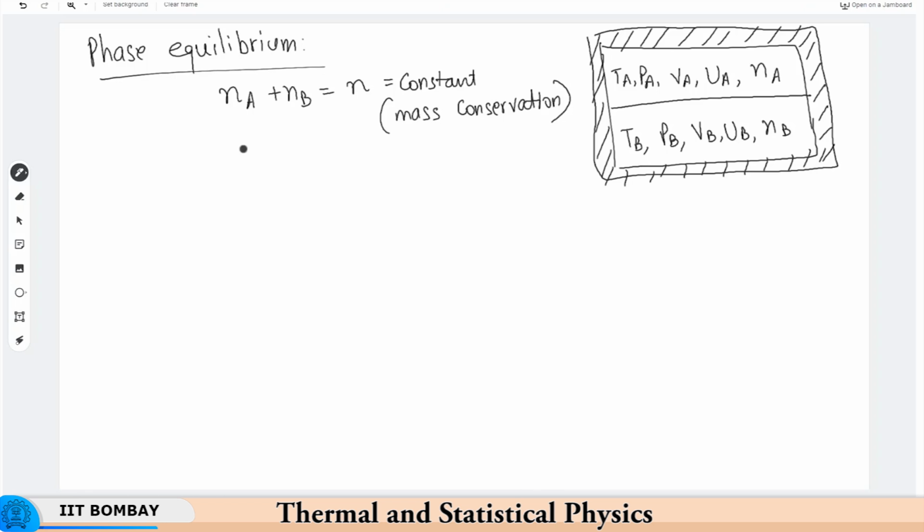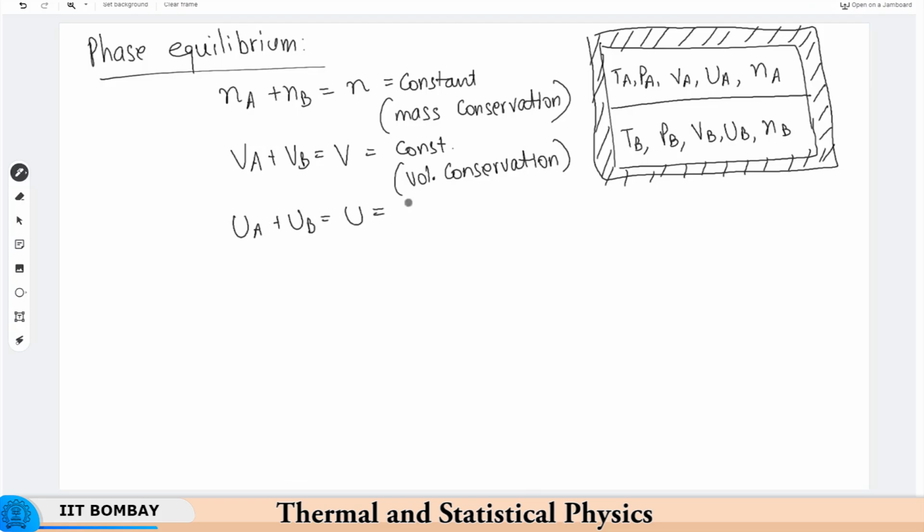Similarly, its volume will also not change. These are say rigid walls, they do not change. So, Va plus Vb is also V, which stays constant, and this is volume conservation. And also Ua plus Ub equals U also stays constant, and this is energy conservation.